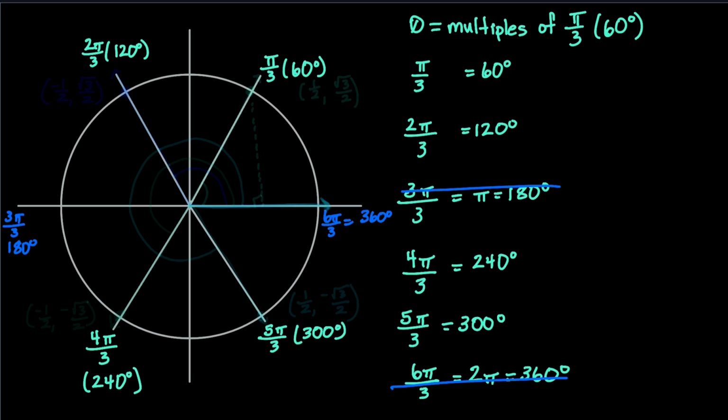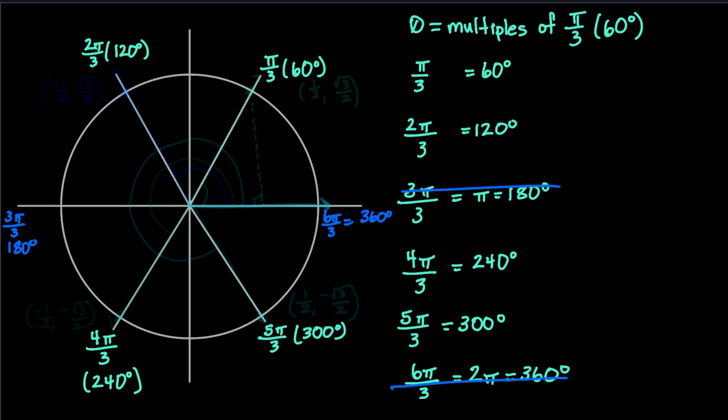Now we're going to focus on the angles that are multiples of pi over 3 radians or 60 degrees. So again, if something simplifies down to something that we've already discussed, then we don't discuss it in this section. So 3 pi over 3 simplifies down to pi. We would only ask questions about pi.